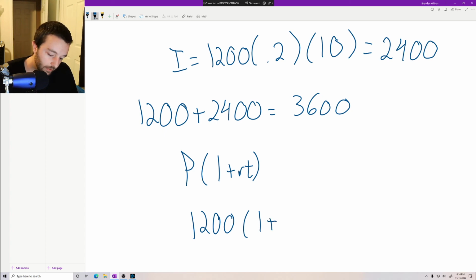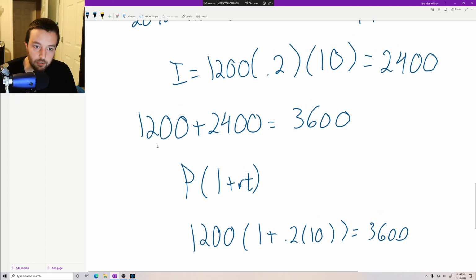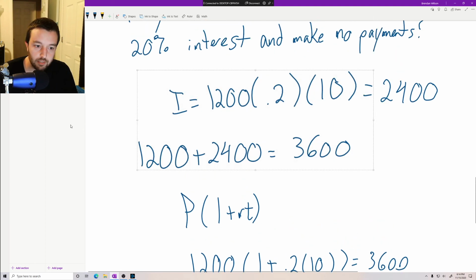Because the time would tell you how many times you're charging that interest rate. So it'd be 1 plus 0.2 times 10. And that should also give you 3,600. So that's an alternative way to do it with a formula, but you can just do it this way if that makes more sense.